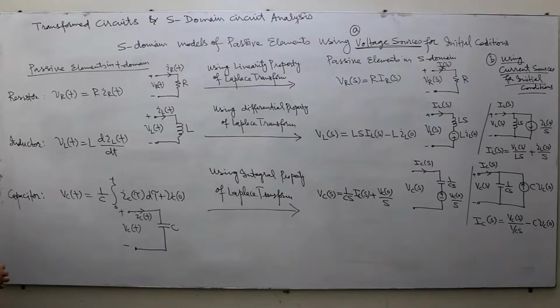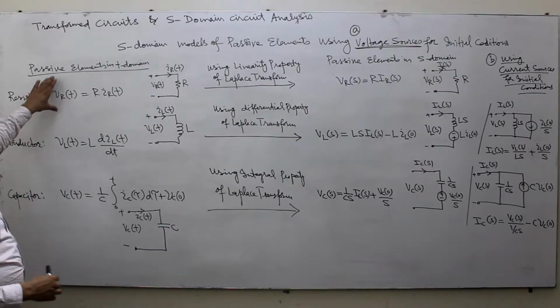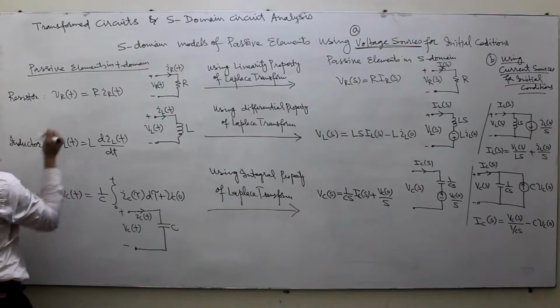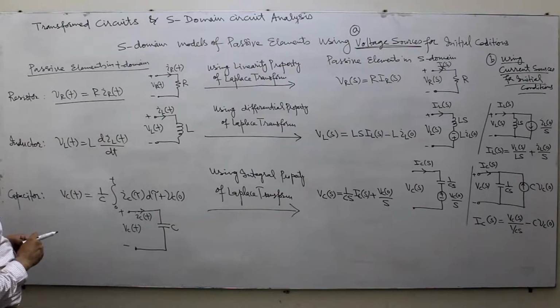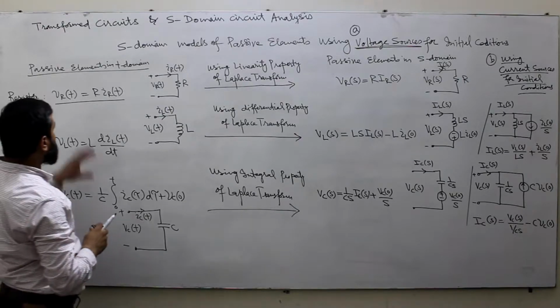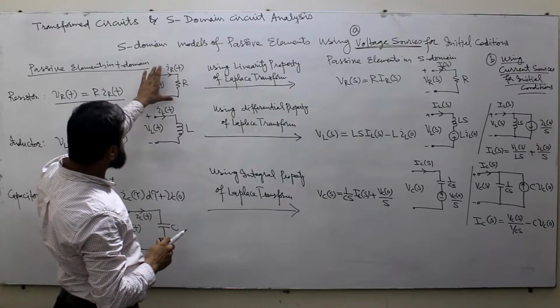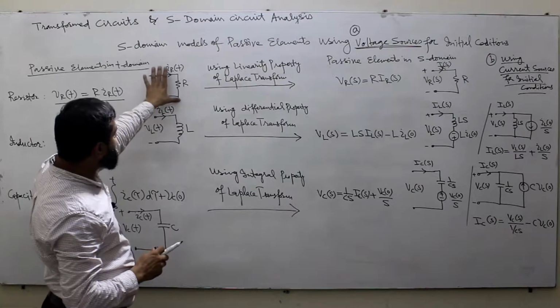We know the passive elements in electrical engineering are the resistor, inductor and capacitor. For the resistor, we have the mathematical model V equals R times I. If we present it in circuit form, we can present it like this.